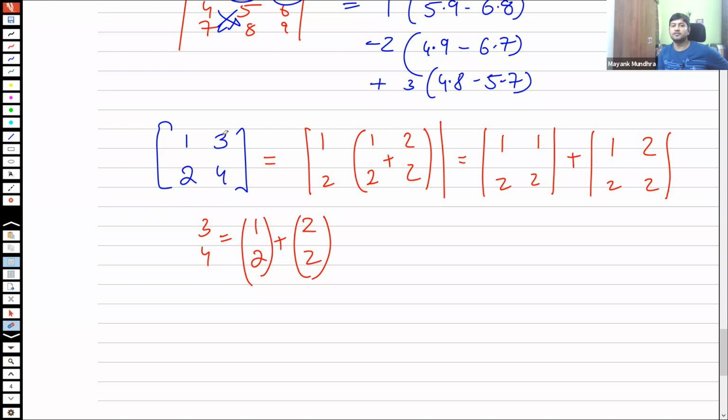Now, this 3, 4 I can write alternatively as 1, 2 plus 2 times of 1, 1. So in that case, this becomes the determinant of 1, 2 and 1, 2 plus 2 times of 1, 1.